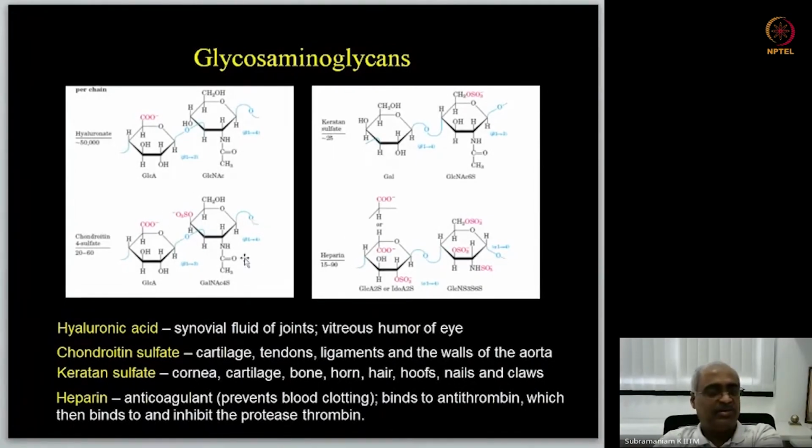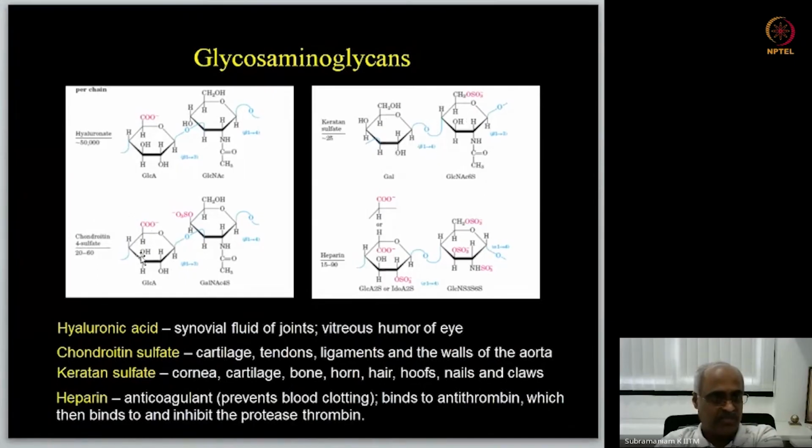A similar molecule is keratan sulfate. When you think of horns, hooves, hair, nails, claws, and our own cornea, they all have this keratan sulfate. So there again you have a similar structure. Here the uronic acid component is not there.